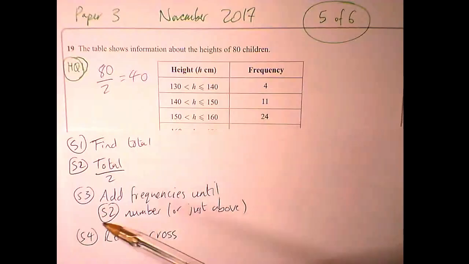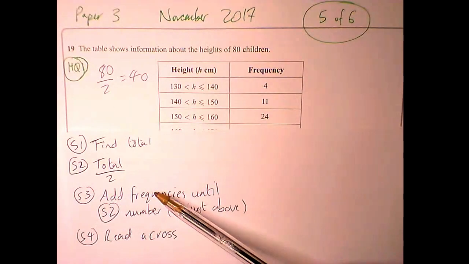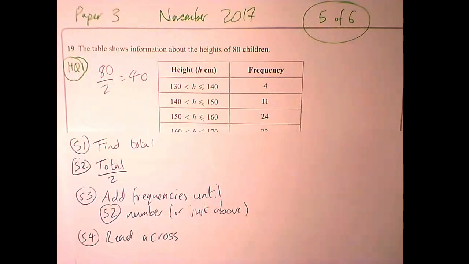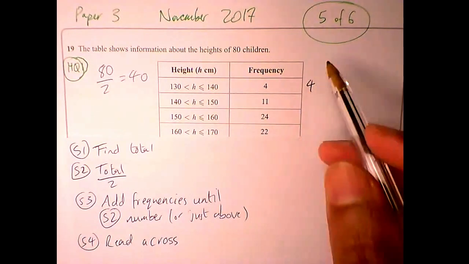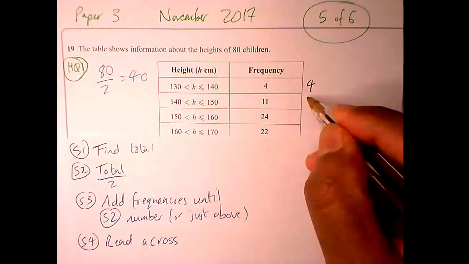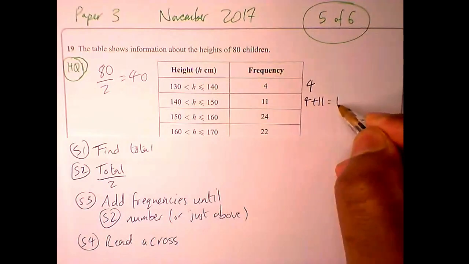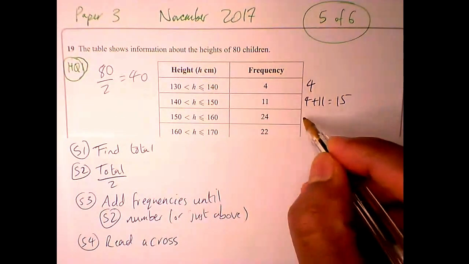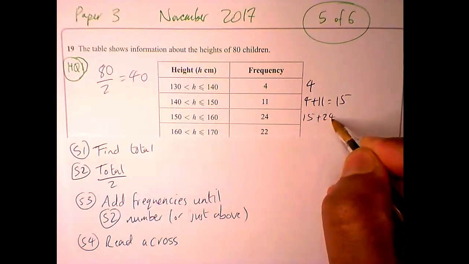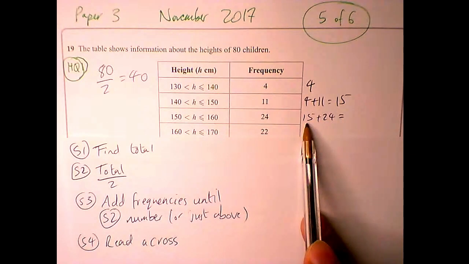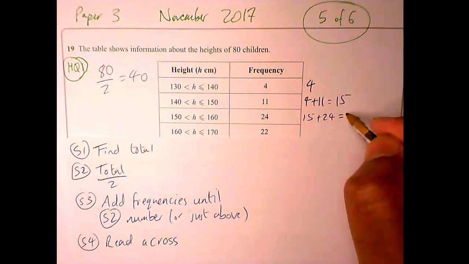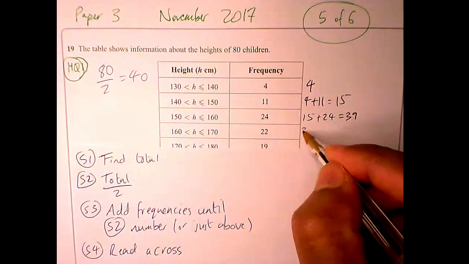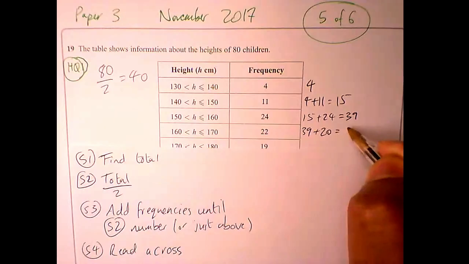It's a good coincidence. Step 3, I add my frequencies until I get to the number from step 2, which is 40 or just above. So I'm going to start off with 4. That's below 40, keep going. 4 plus 11 equals 15. 15 is below 40, I'm going to keep going. 15 plus 24: 25, 35, 39. 39 is just below 40, so I'm going to keep going. 39 plus 20 is going to be 59.